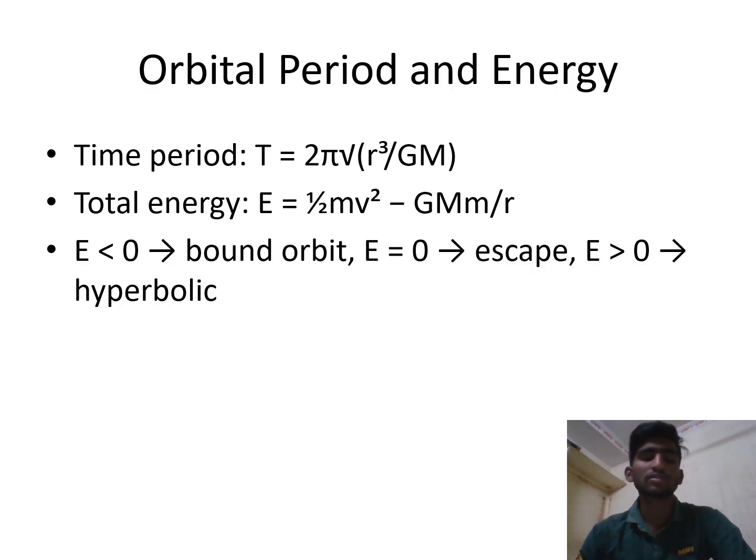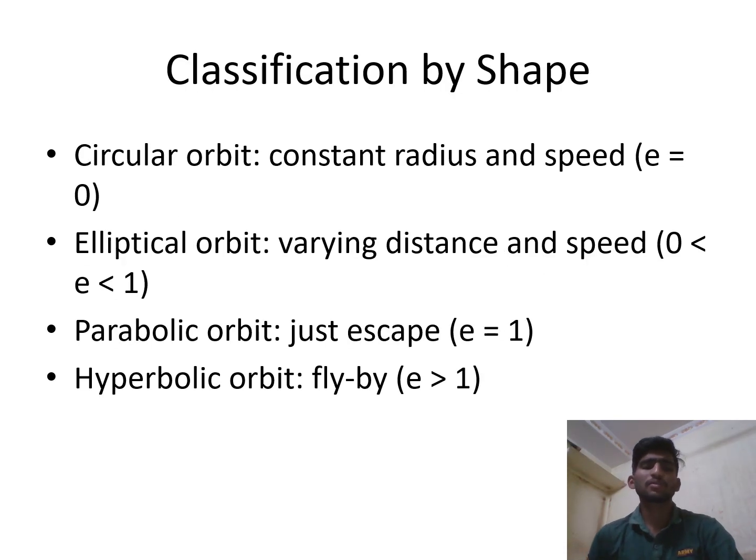We can say that this is based on the ellipse and eccentricity: classification by shape. In Kepler's first law, they derived the equation showing that the orbit is not circular; it is an ellipse. For a circular orbit, the radius and speed are constant and eccentricity is 0, whereas an elliptical orbit has varying distance and speed, with E between 0 and 1.